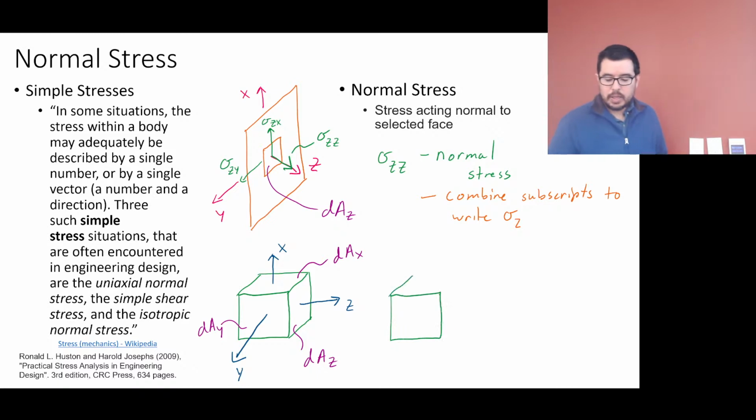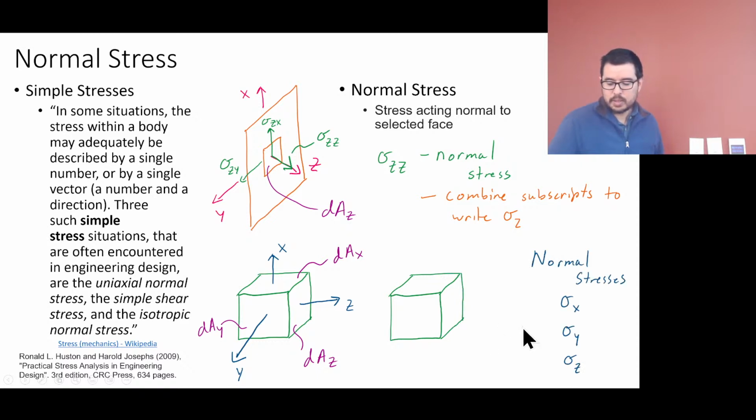If now we begin to think about normal stresses, sigma X, sigma Y, sigma Z, with a Z direction, a Y direction, and an X direction, we can stick little stress vectors out of these surfaces. So this would be the sigma X, this would be the sigma Y, and this would be the sigma Z.